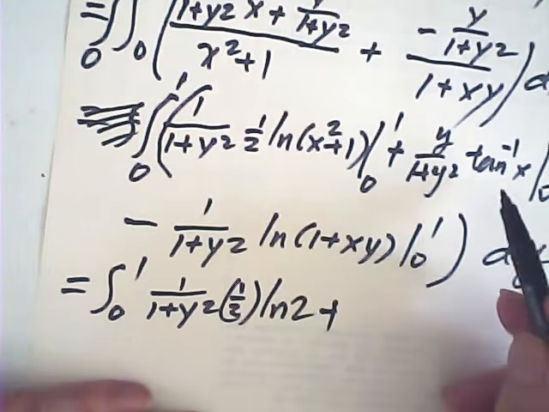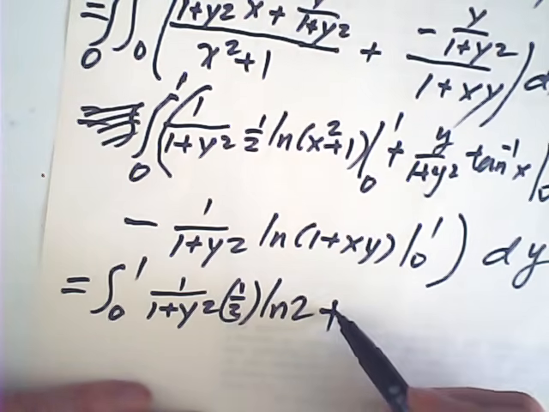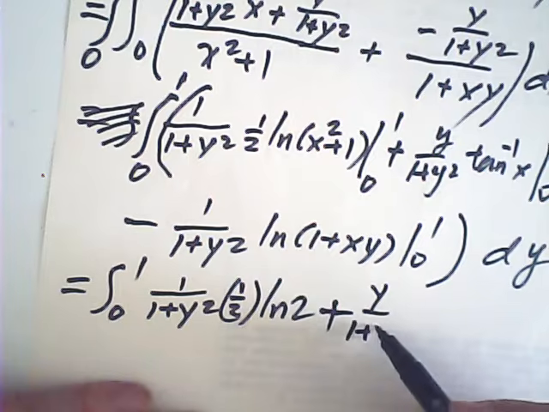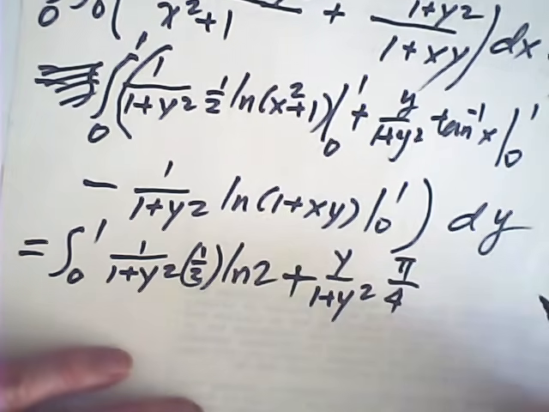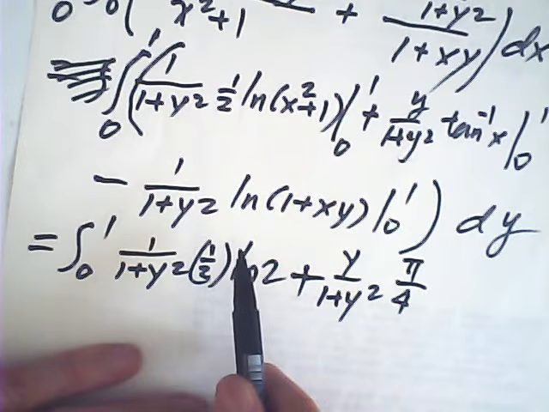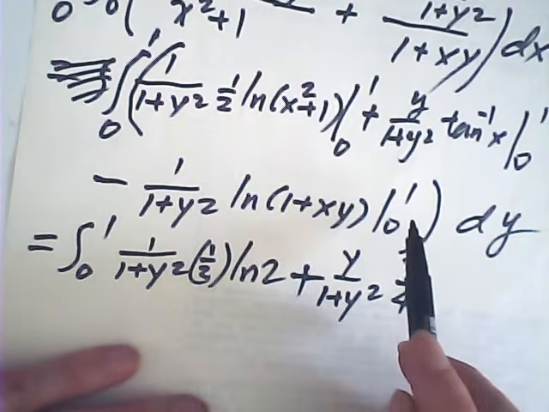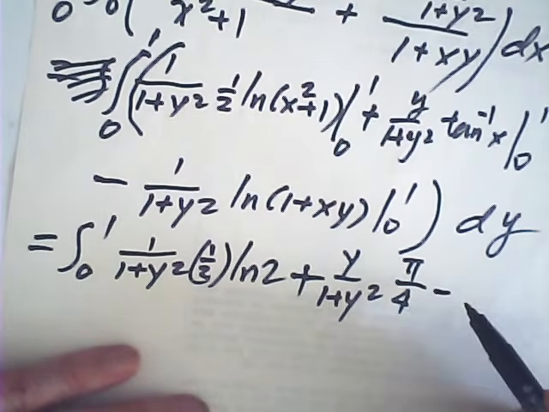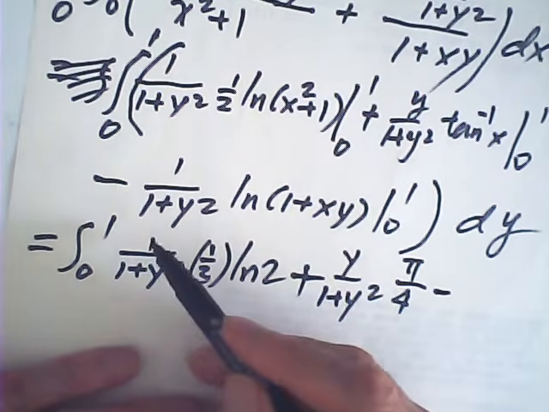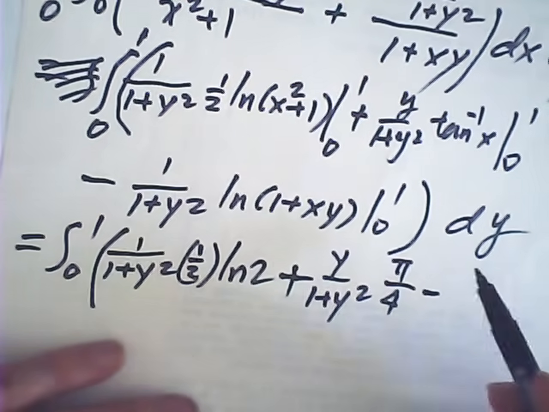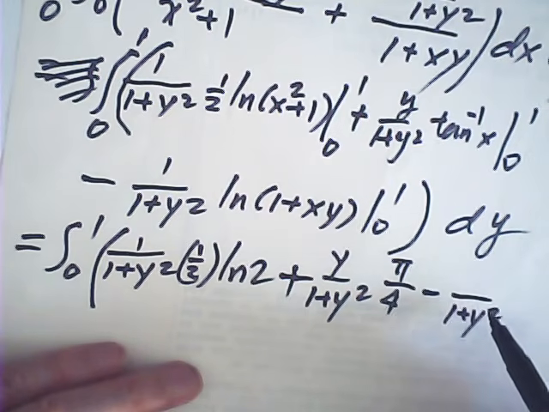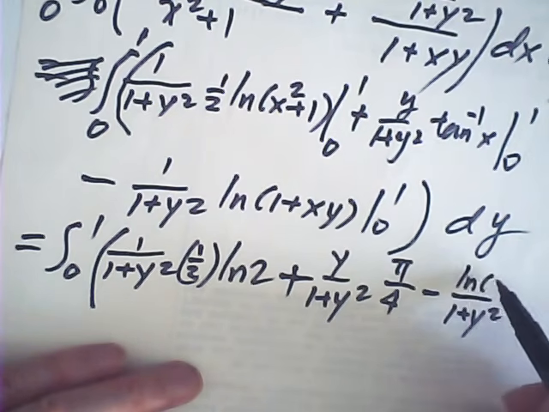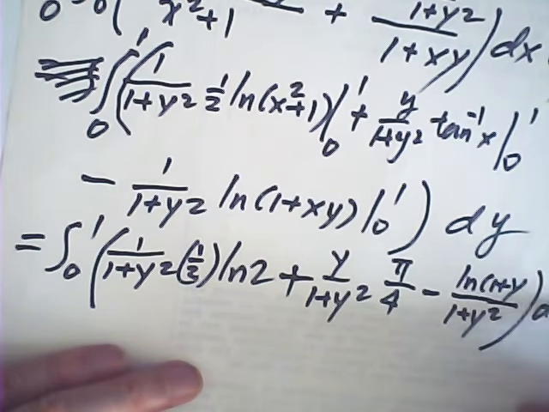Plus, this is quarter pi. And this is 1 over 1 plus y squared times log of 1 plus y, right? Then dy.